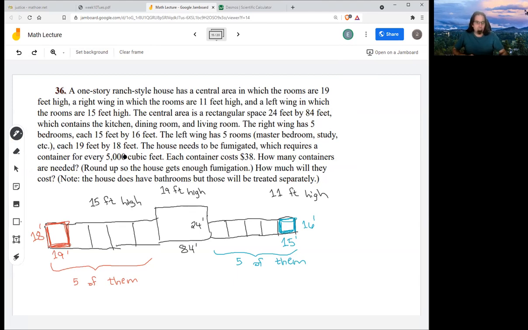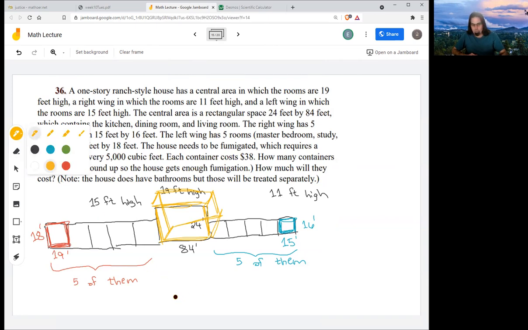Okay, now the height stuff makes sense. We talked about volume a little bit. If these rooms are not actually just flat, but have a height, excuse my lousy artwork, what was our formula for the volume of a box like that?